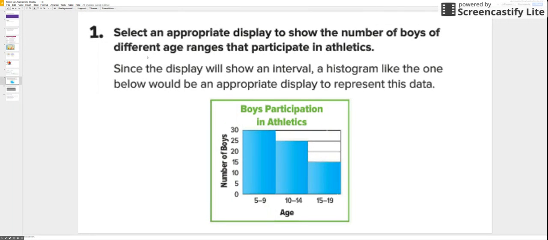In case you were still confused, it says different age ranges. Ranges is what tells you intervals, okay? So you have kids that are between 5 and 9 years old, okay? Kids that are between 10 and 14 years old, kids that are between 15 and 19 years old. So because of these different age ranges, this is why I would choose a histogram.